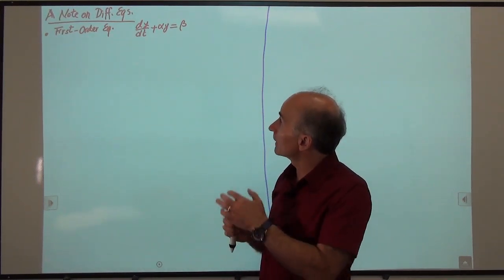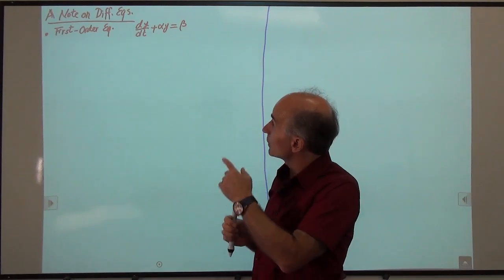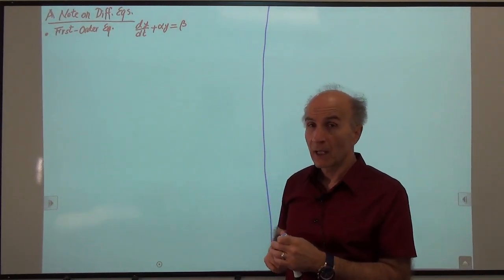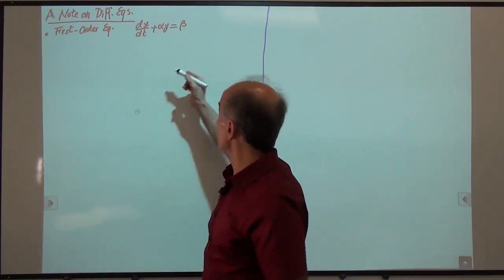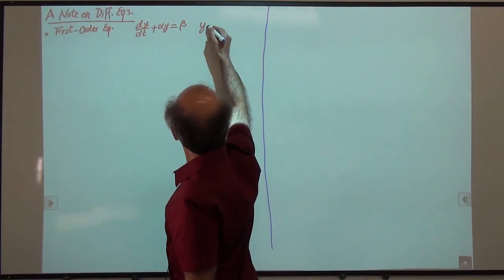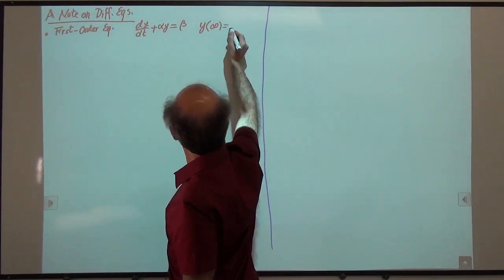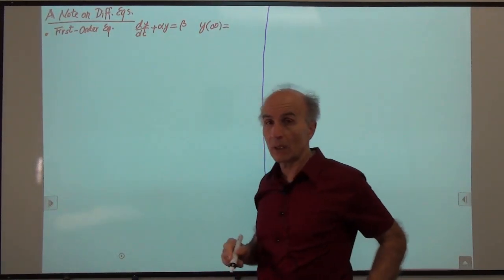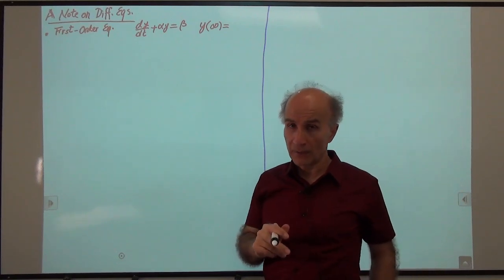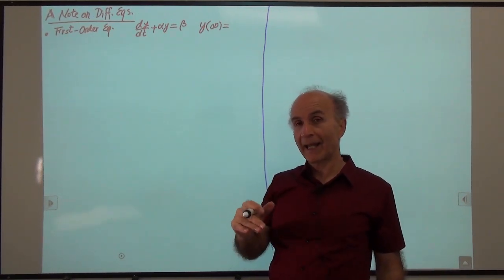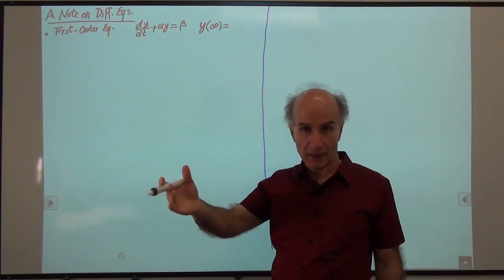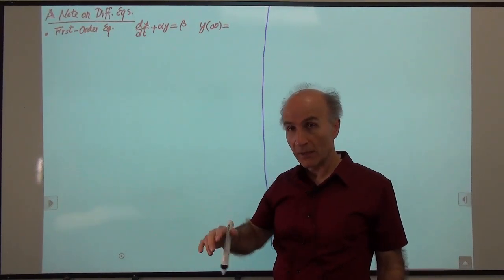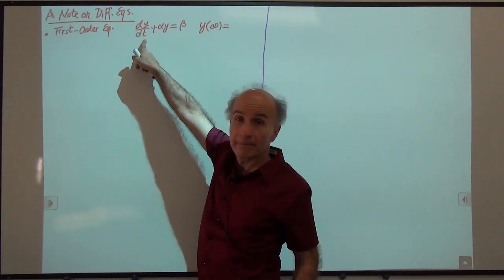All right, and there's an interesting projection that we can make here. How much is y of t at time infinity from this equation? So y at time infinity. All right, so if I know that at time infinity y has reached a constant value, a steady state value that's constant, then I know that this is 0.